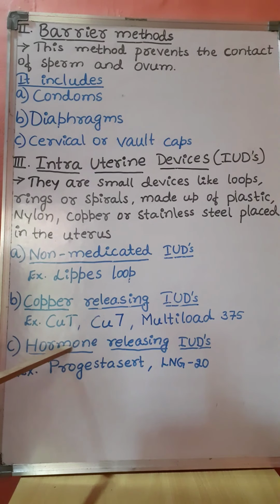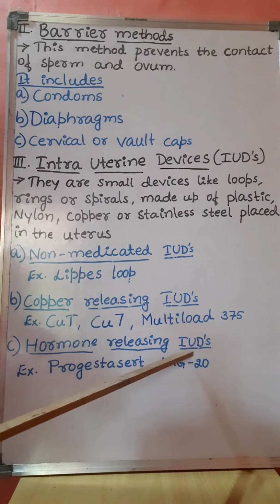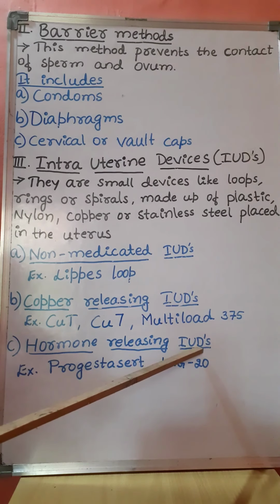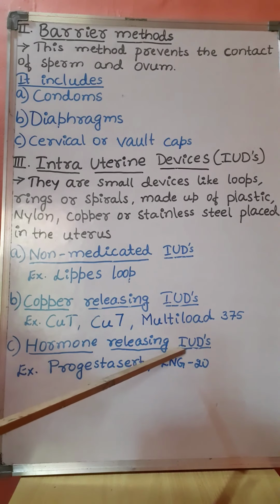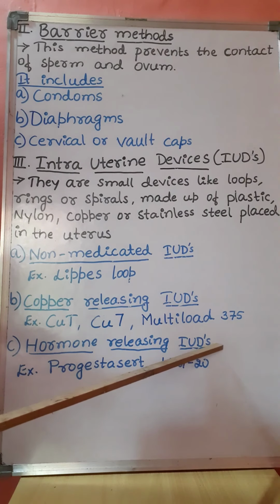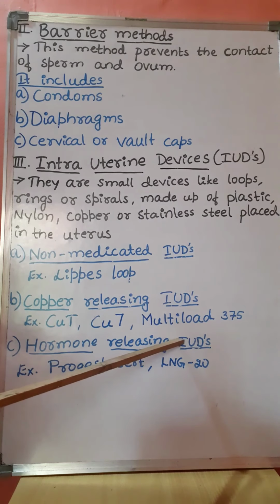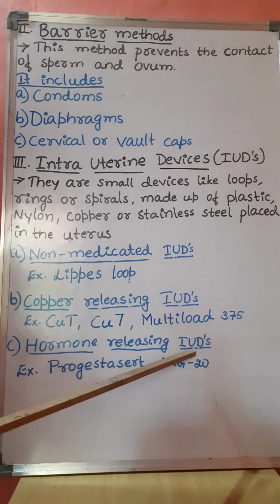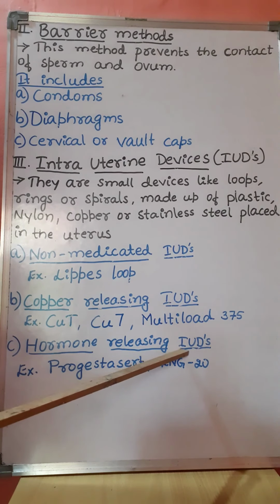Next one is hormone releasing IUDs. As the name indicates, these intrauterine devices release hormones which make the uterus unsuitable for implantation and make the cervix hostile for sperms.